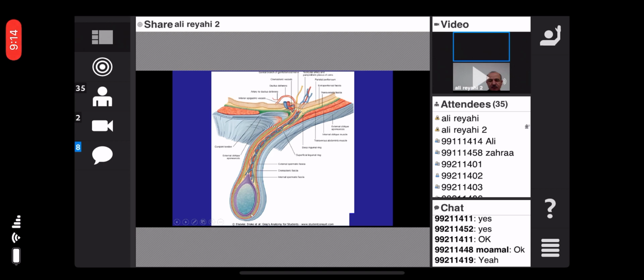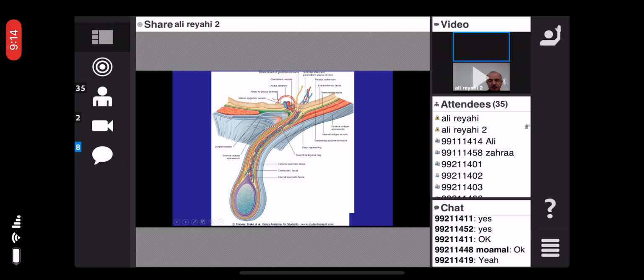These layers surround the testis and scrotum, and you can see here the spermatic cord contains the ductus deferens, this duct, and the artery and vein around the ductus deferens.